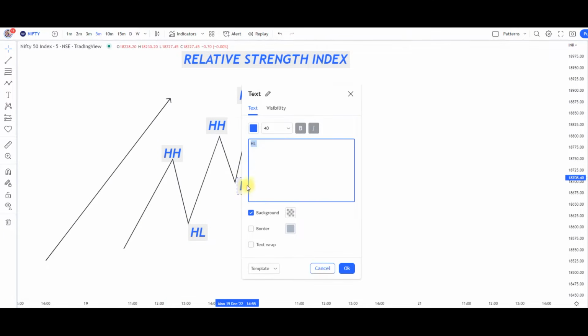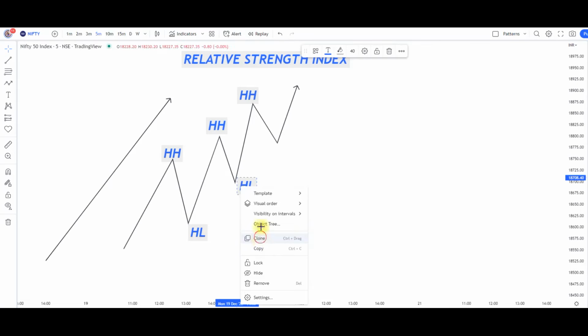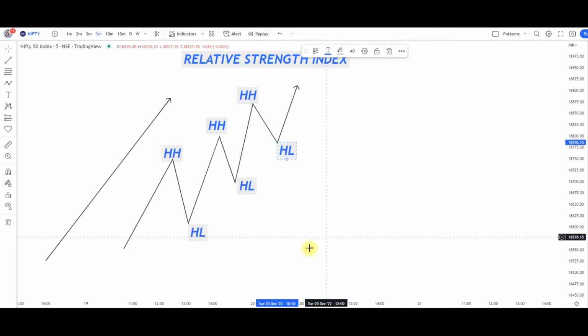Higher lows. So when price is going up, like price is in a strong uptrend, price will never go in a straight line. It will form higher highs, then higher lows, then higher high and higher lows. Like this, price will move continuously up.